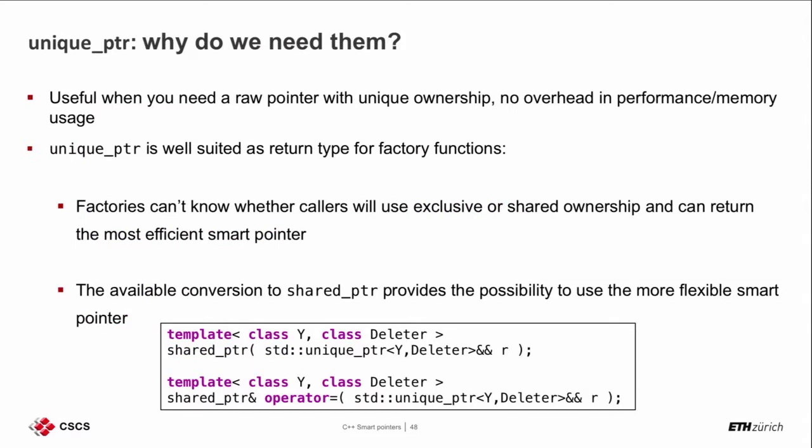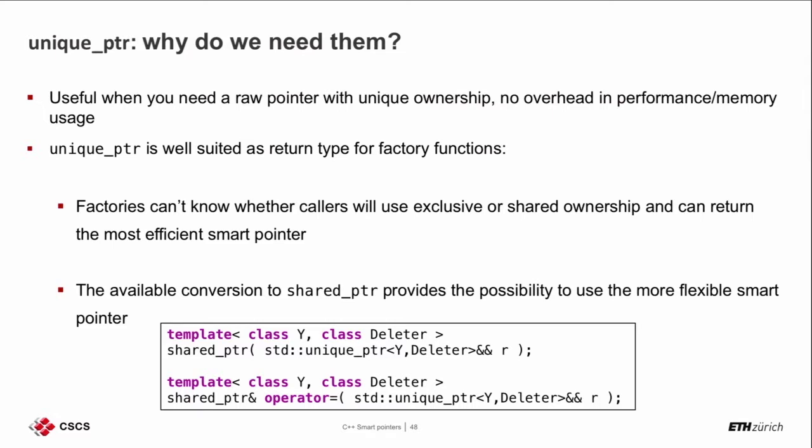So why do we need a unique pointer? The idea of the unique pointer is to provide you something that has the same properties in terms of performance and memory usage as the raw pointer.